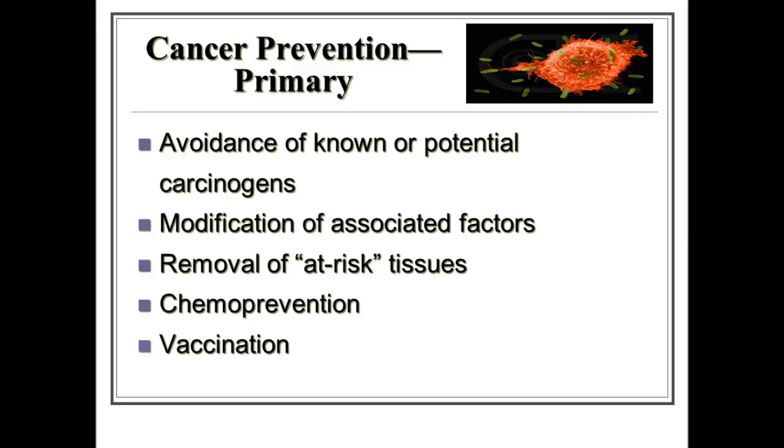So basically you're going to do the types of behaviors that you know would help you not develop cancers. One of the big things you hear people talk about is all these various things that you do, like not smoking and various behaviors like that.